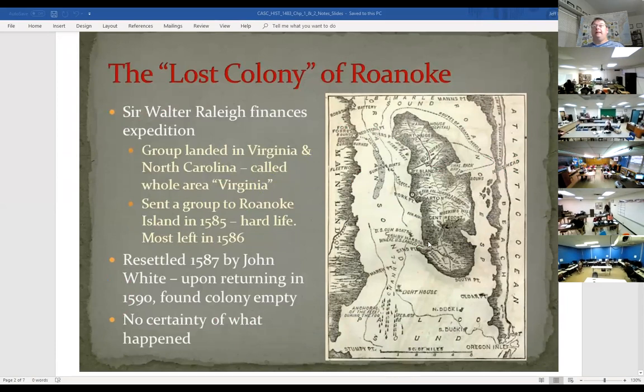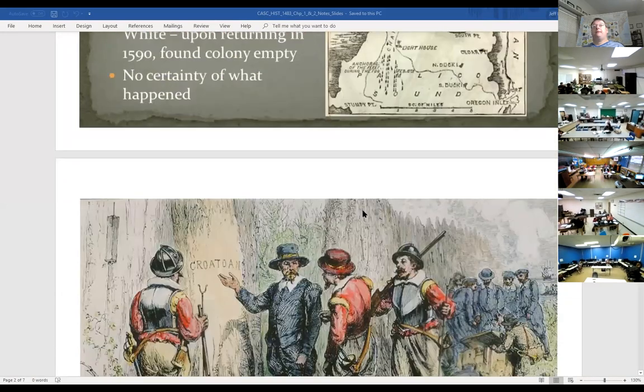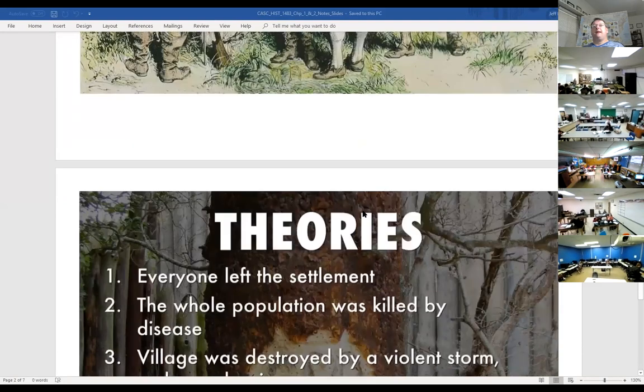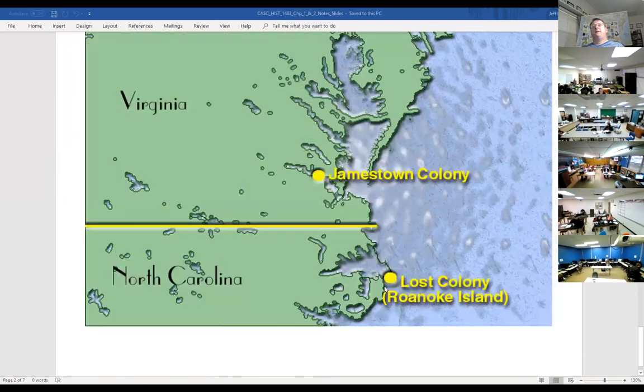Here is Roanoke Island, which is in modern times off the coast of North Carolina. Virginia's just a little bit north. I think I have, yeah, here's a kind of a little map to show you today where Roanoke is in comparison to North Carolina and to the Jamestown colony of Virginia.